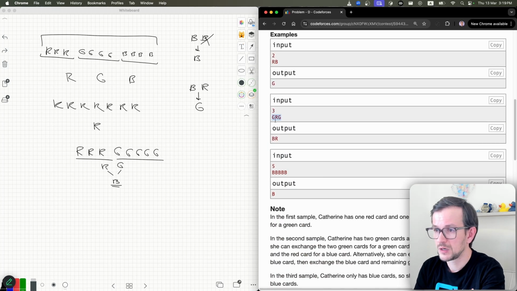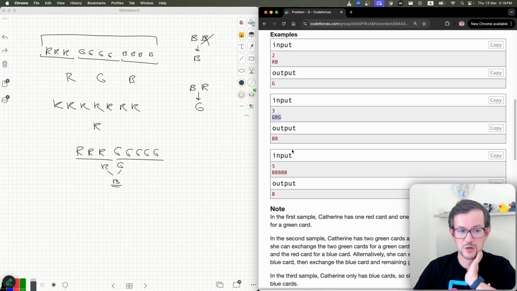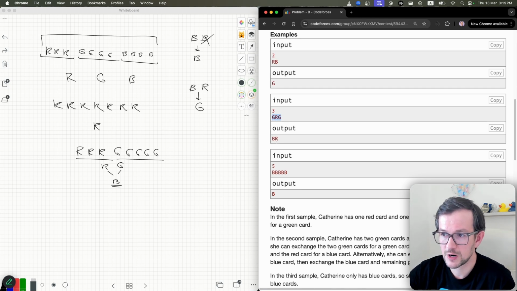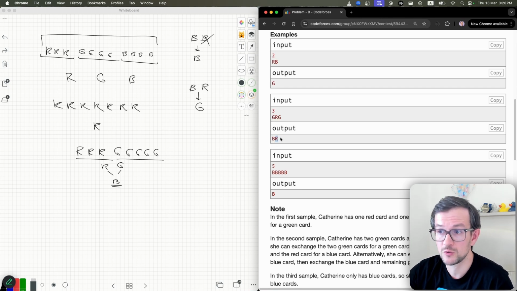Here we only have cards of two types, red and green, and you can get a red card in the end. See, you can always get a blue card, but you can also get a red card. And you see this example. Sometimes authors are kind enough to give you a good example. So here you just use it.